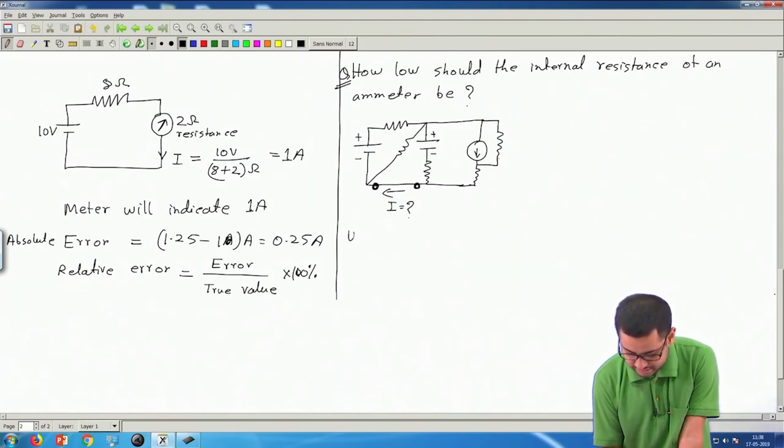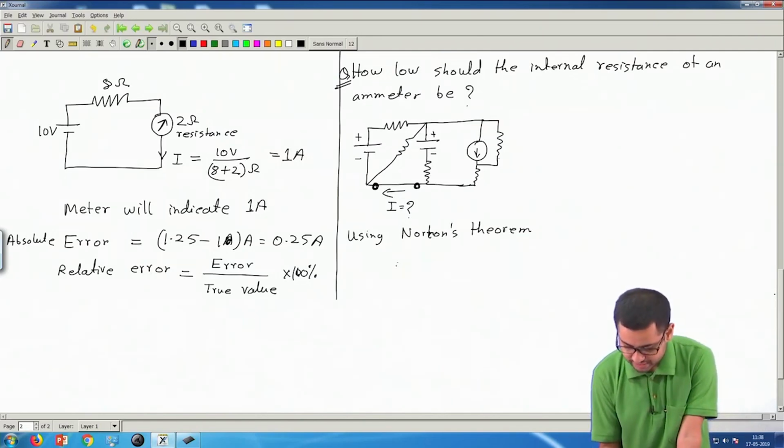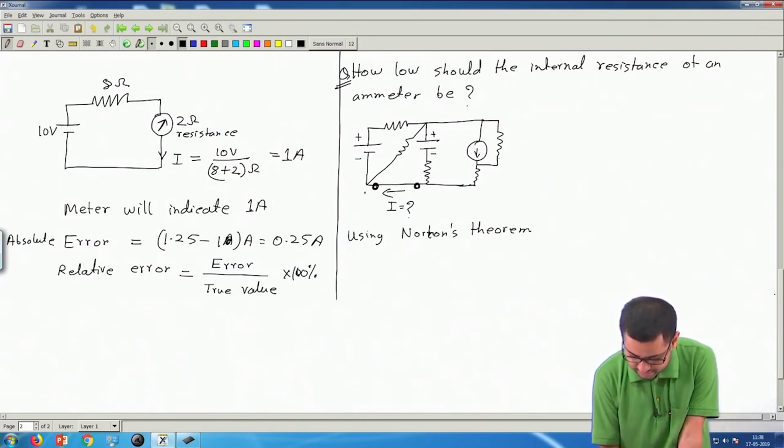So, using Norton's theorem, we can always find a simplified circuit, call these 2 points as A and B.